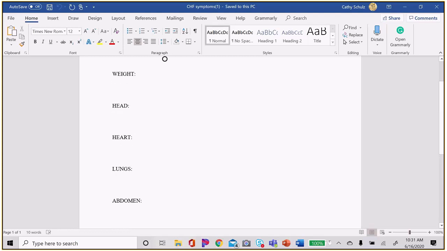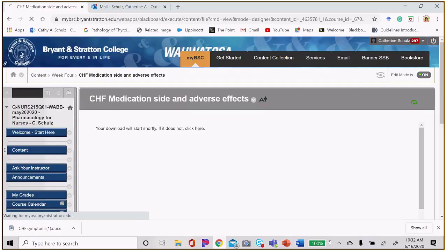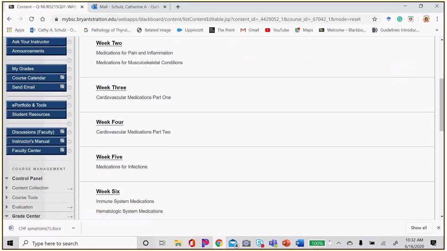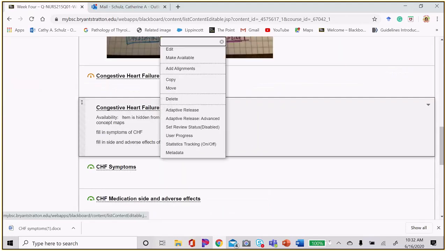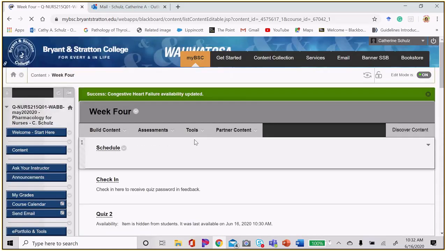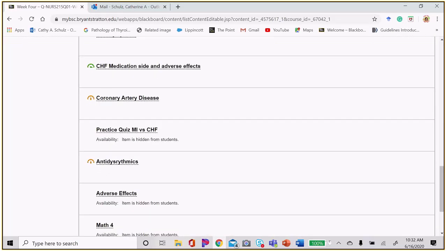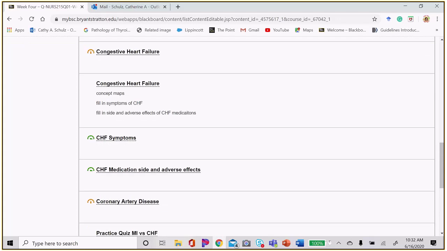Give this a shot, filling this out, and then upload that into a non-graded discussion board here, but that's part of your participation. The CHF symptoms sheet is the blank one where we did the symptoms.